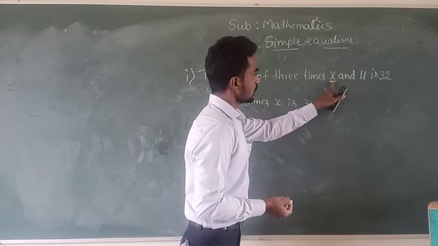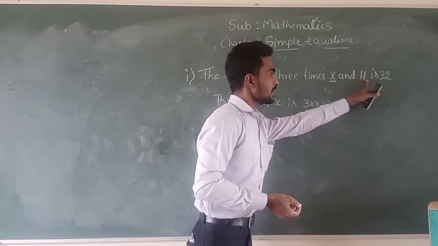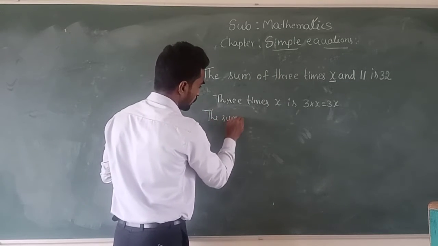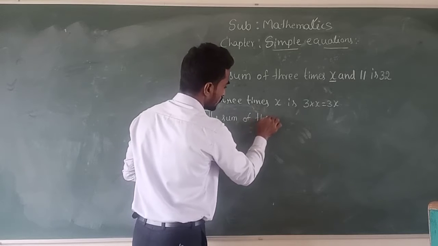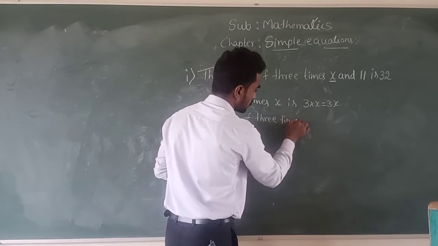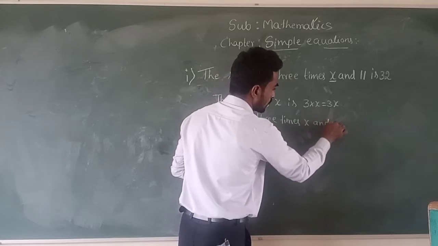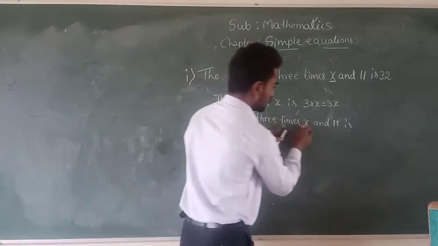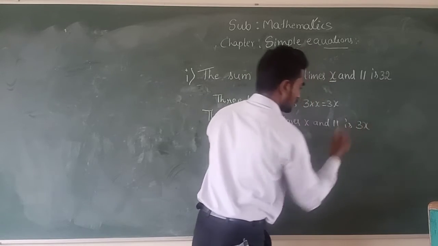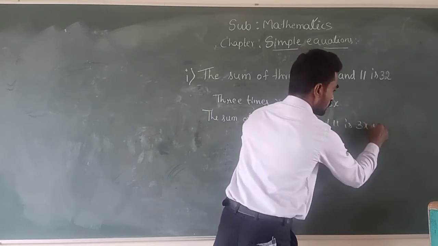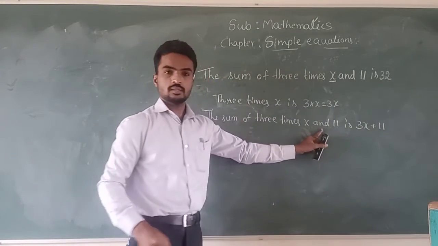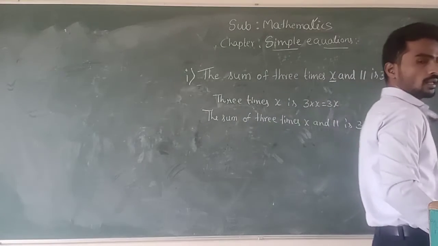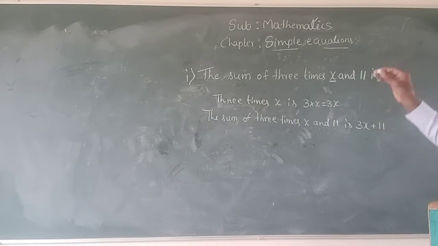Sum means addition of 3 times of x and 11, that is 3x plus 11.